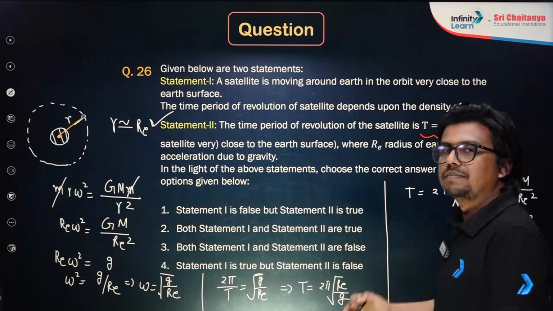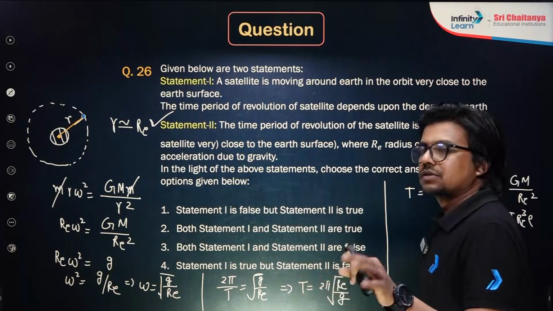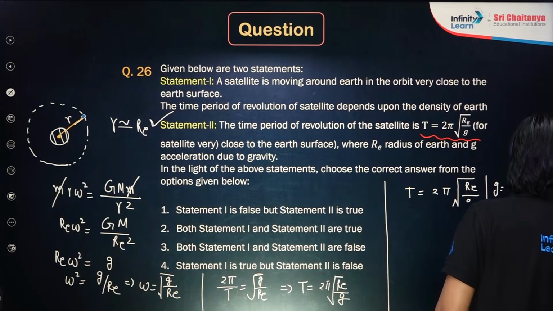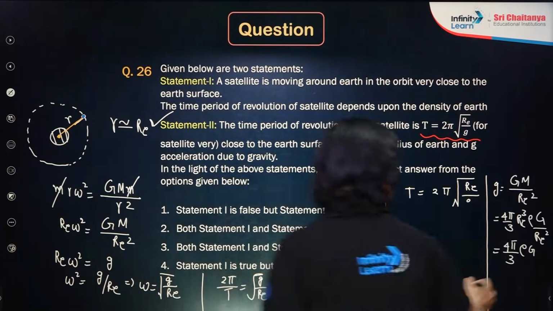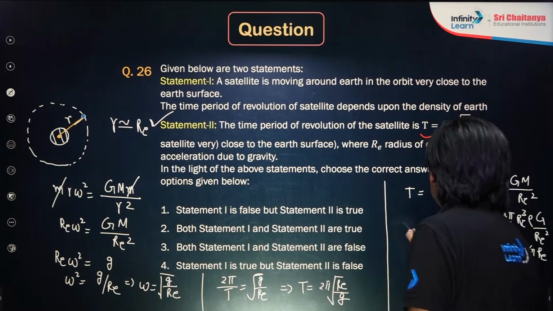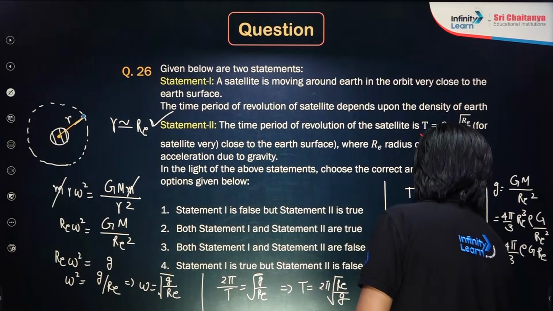This 4 pi by 3 into Re cube is the volume, and volume into density gives the mass. So from this I can write small g is 4 pi by 3 rho G into Re. The time period was Re by small g, so T is equal to 2 pi into square root of Re divided by 4 pi by 3 rho G Re.